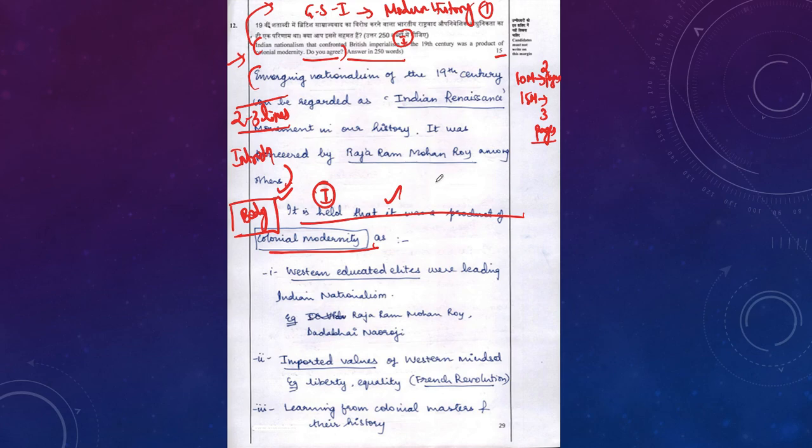Her unique answer writing technique here is addressing each and every component of the question in a complete and full manner. The question used keywords like 19th century and colonial modernity. For the first component, she addressed colonial modernity, which was one keyword asked in the question.